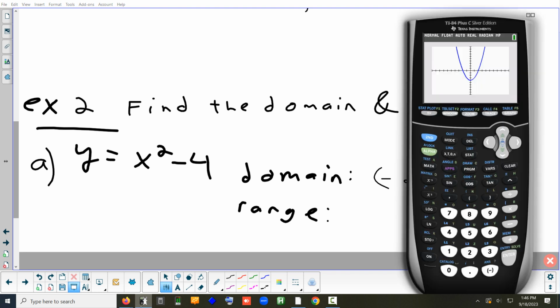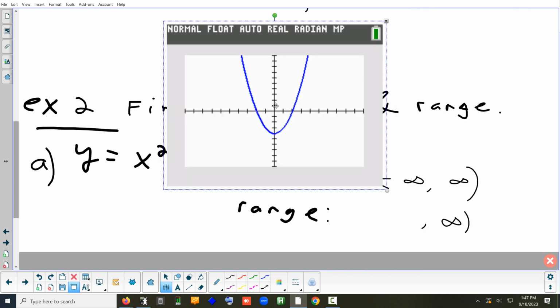Since it goes up forever, that means it must bottom out somewhere. It must hit a low point and not go any lower. Looking at the graph, does anyone think they see what the lowest value that we hit is? Negative 4.